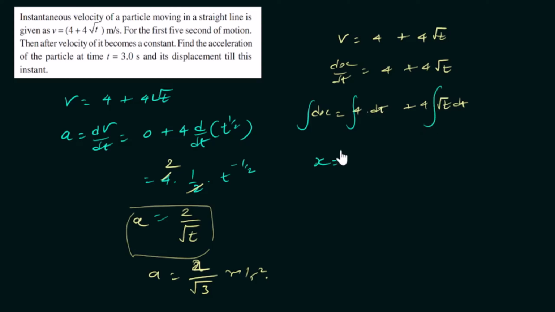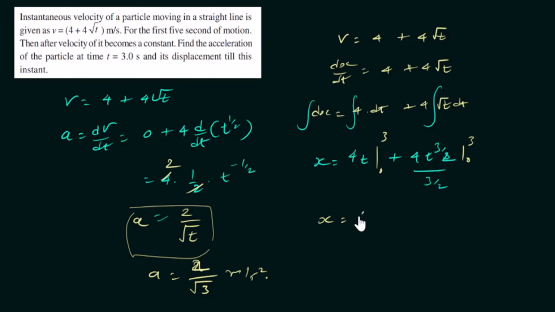This is x, and this will be 4t plus 4 times t power 3 by 2 divided by 3 by 2. We also have to put the limits like this. Here time is 0 to 3 seconds.